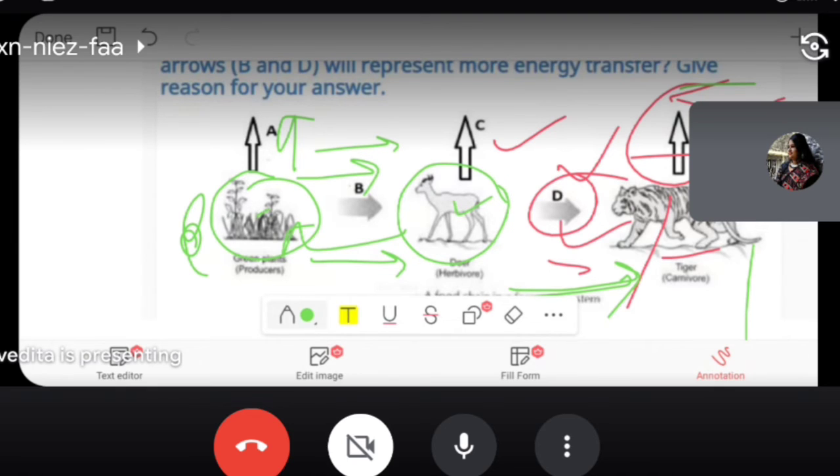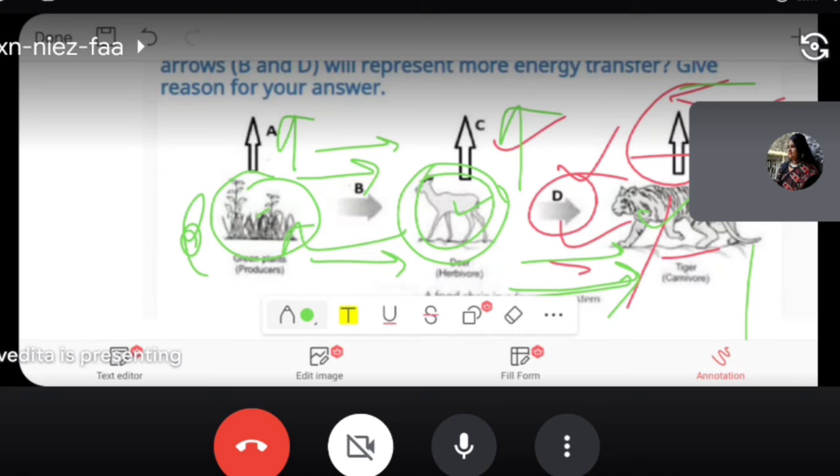So when this deer eats these plants, a smaller percentage of energy comes from the producer. In the case of the tiger, whatever energy the deer had taken from the plant, in between the deer had transferred some of its energy to the environment. They had done their physical activities, so energy decreased, and the amount of energy which is left will go to the tiger.